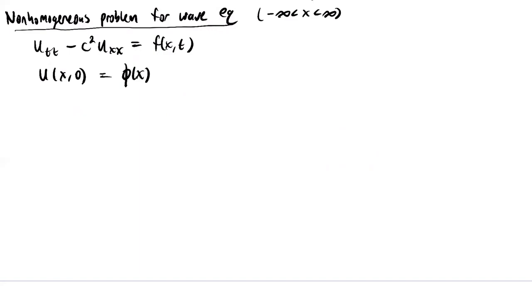And then we had the initial velocity, which is the first time derivative of the initial state, which is equal to psi of x. So this is the IVP we're going to consider, and the only difference is that now 0 is replaced by f of x,t.